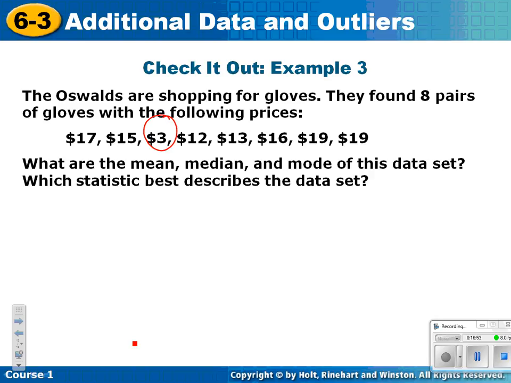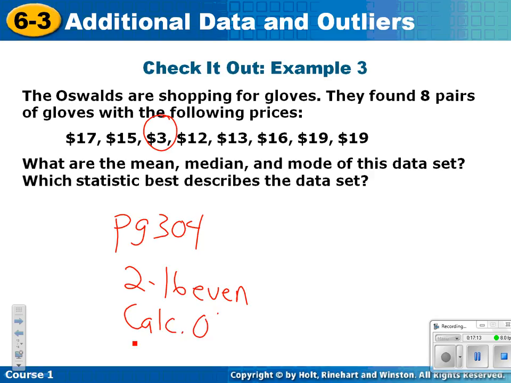Your homework. Page 304. Numbers 2 to 16 even. And I want you to understand this, that you may use your calculators. They are okay to use. Calculators okay.